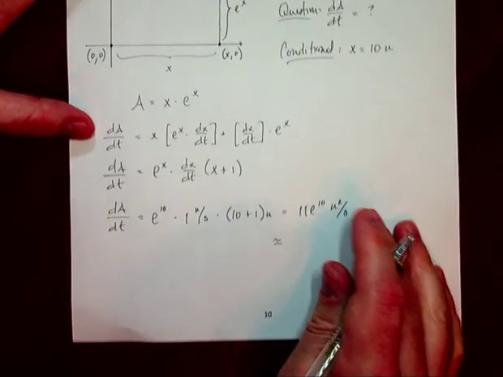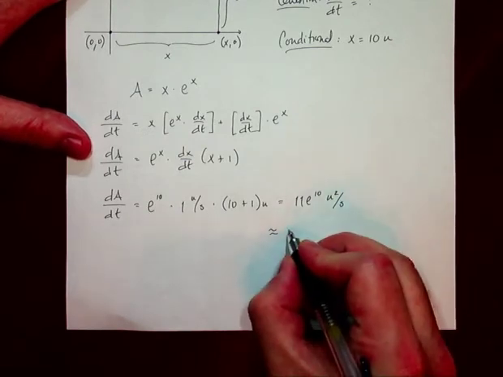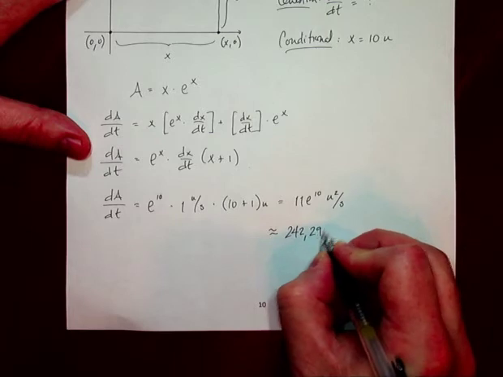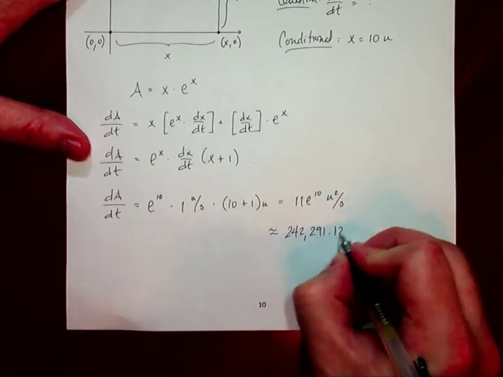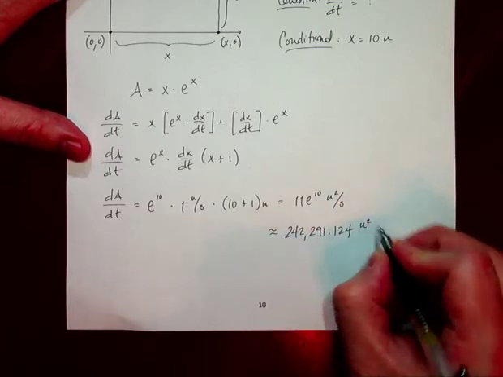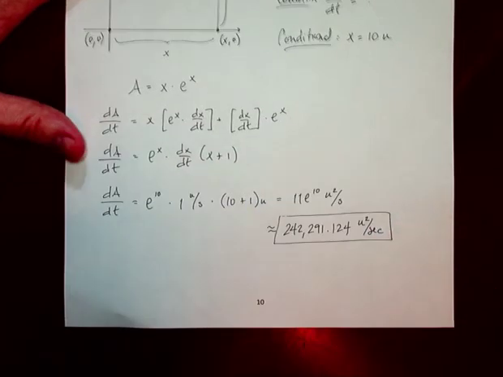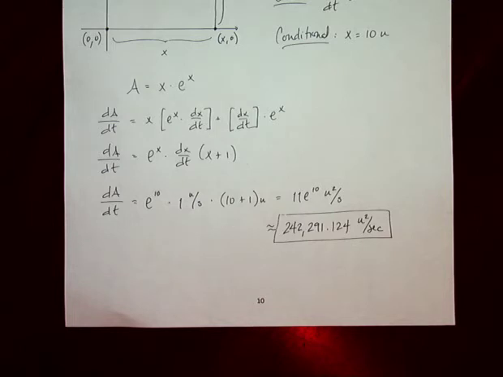And if you're wondering what that actually approximates to, it's 242,291.124 units squared per second. Yeah, really large, right? Because basically it's whatever e^10 is, and then add another decimal because you're multiplying by a little more than 10, right? Add another digit.